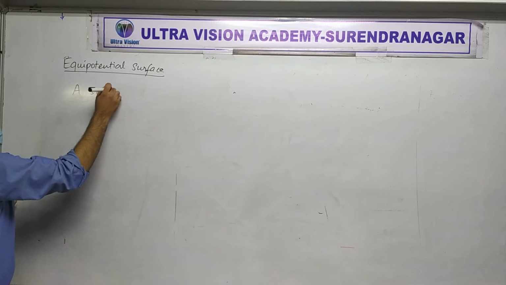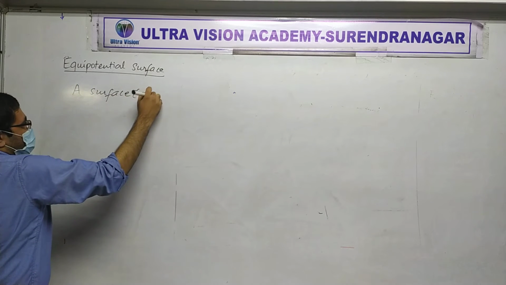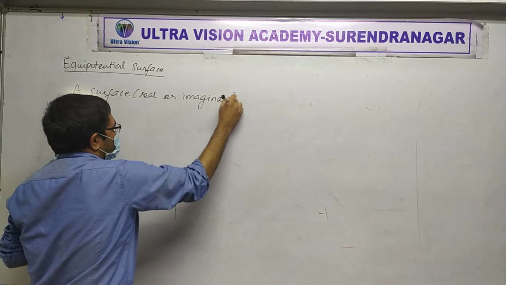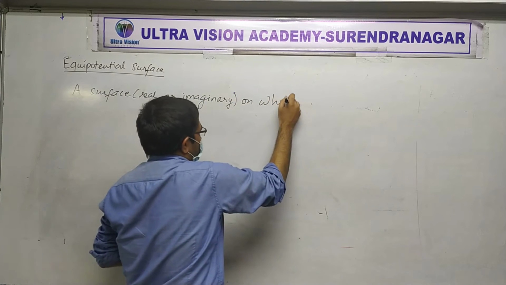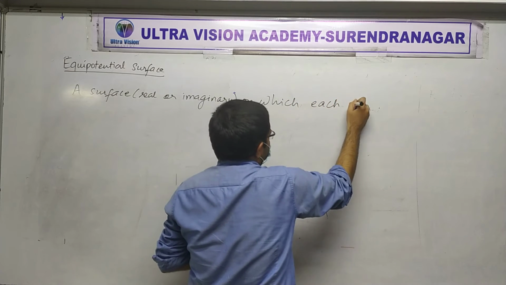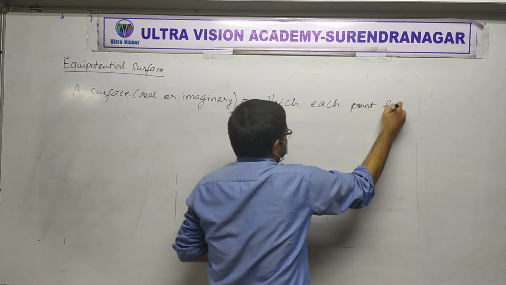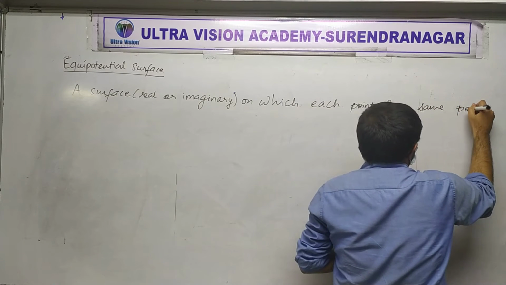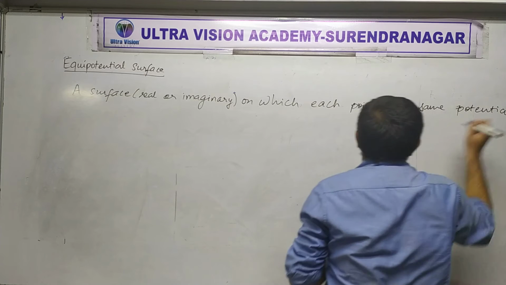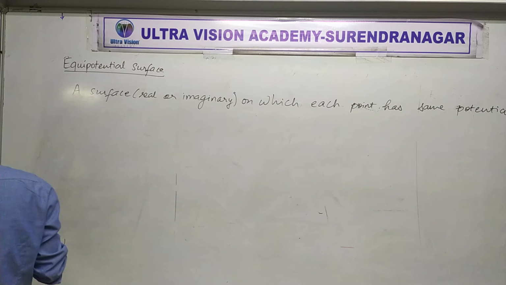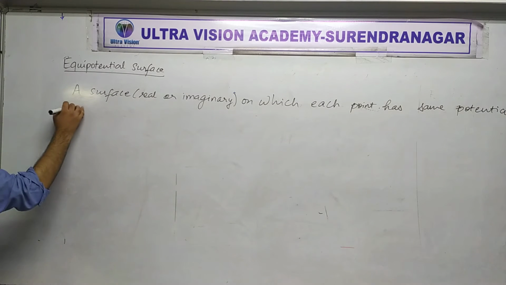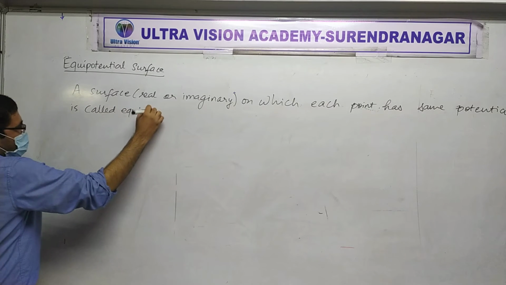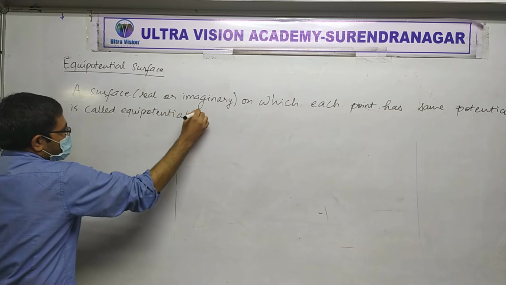A surface, real or imaginary, either one, no problem, on which every point has same or equal potential is called equipotential surface.